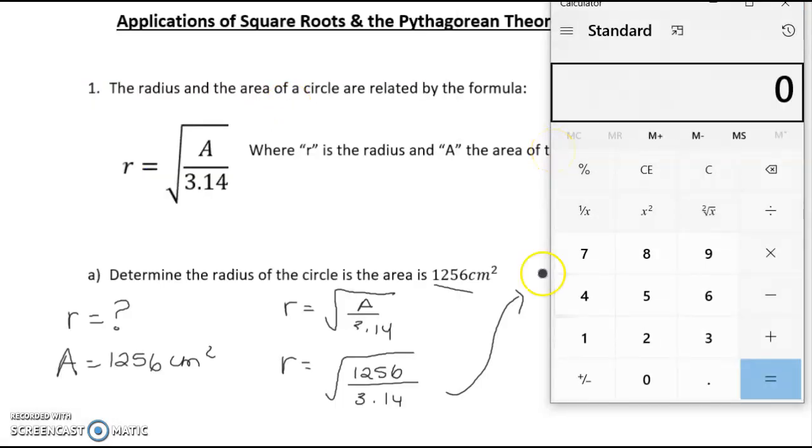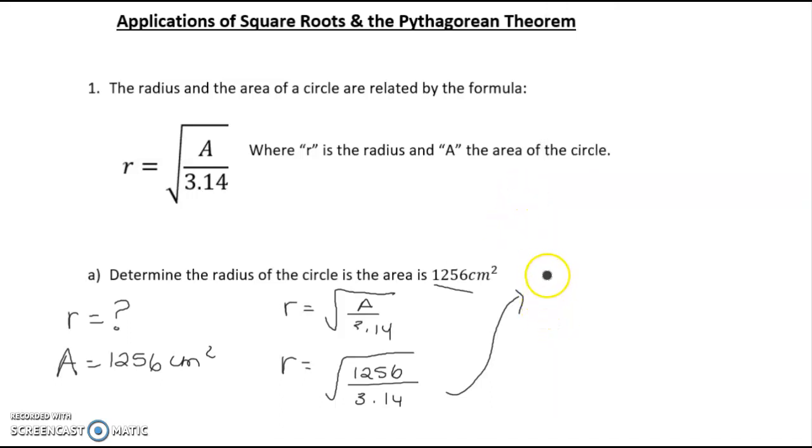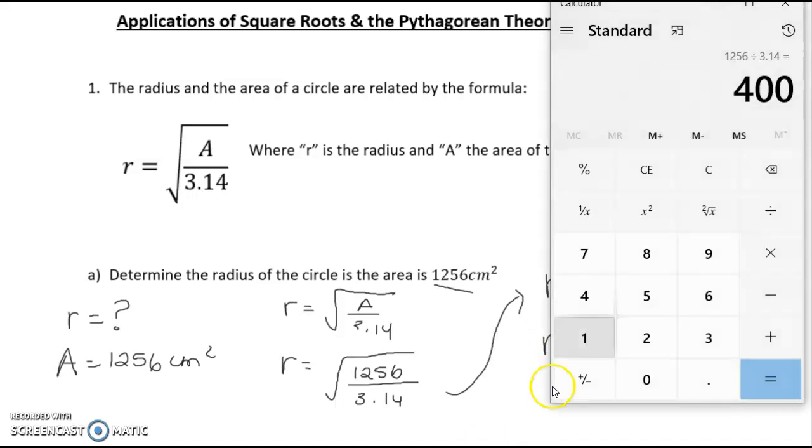We're going to do 1256 divided by 3.14, and we get 400. So R equals the square root of 400. Then we need to take the square root of 400, so the square root equals 20.